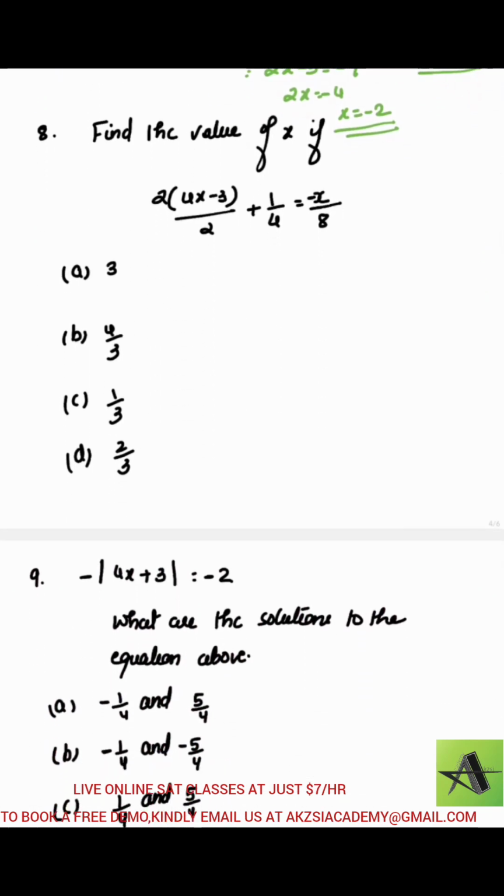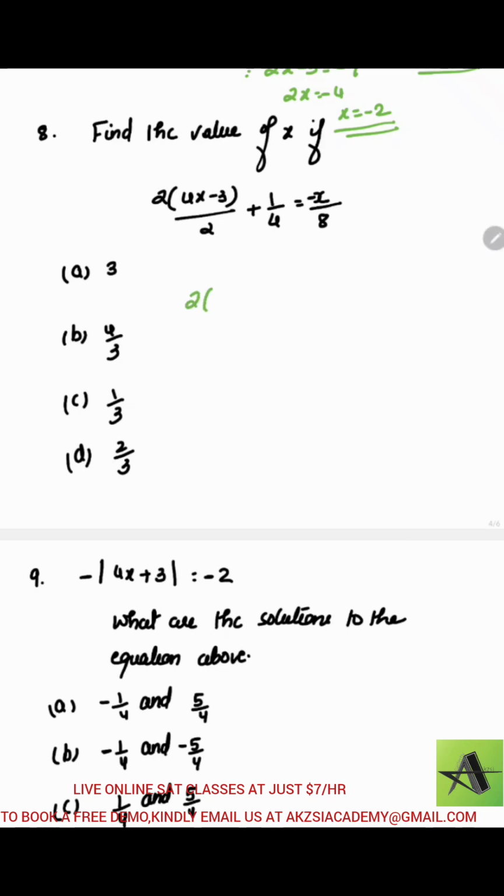Find the value of x if 2 times (4x minus 3) over 2 plus 1 by 4 equals negative x over 8. First thing that we can do is cancel out from here, but ultimately we have to take the LCM. So better not to cancel it out. Instead, take the LCM.